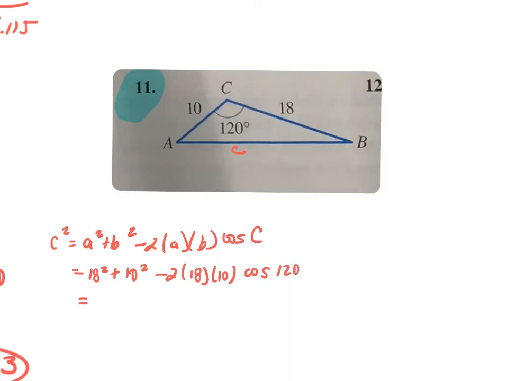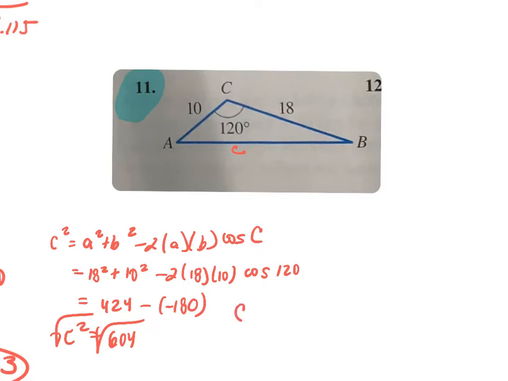So we have 18 squared plus 10 squared gives me 424 minus 2 times 18 times 10 times the cosine of 120 gives me negative 180. So c squared equals 424 plus 180, 604, square root both sides.